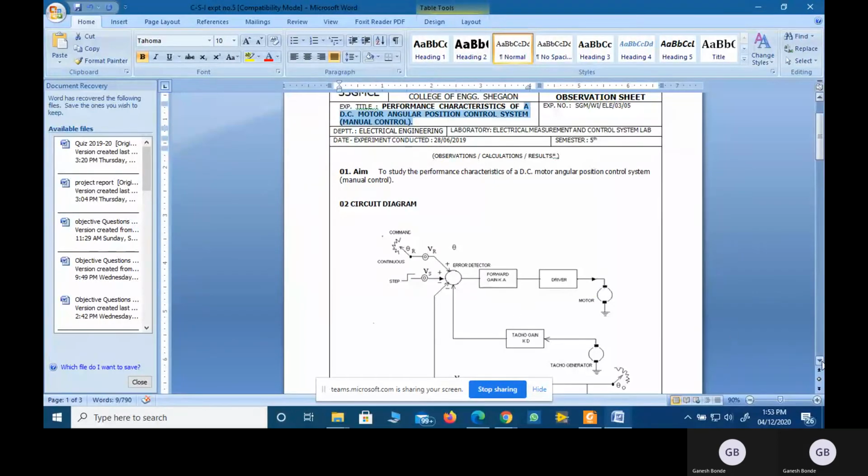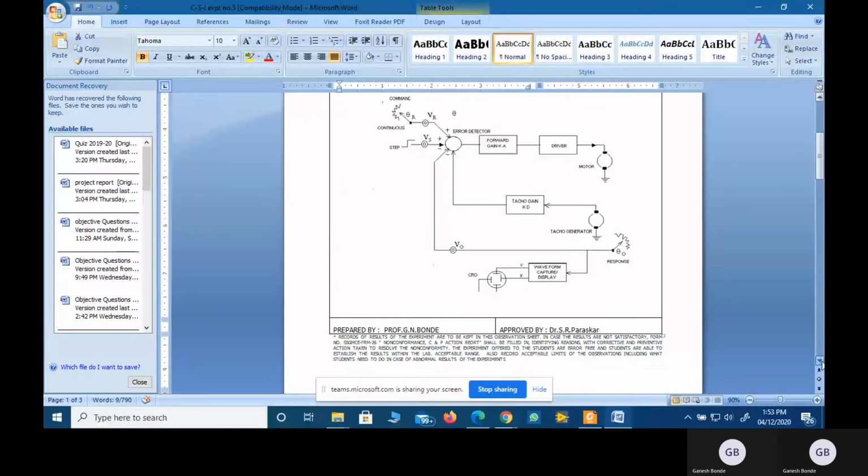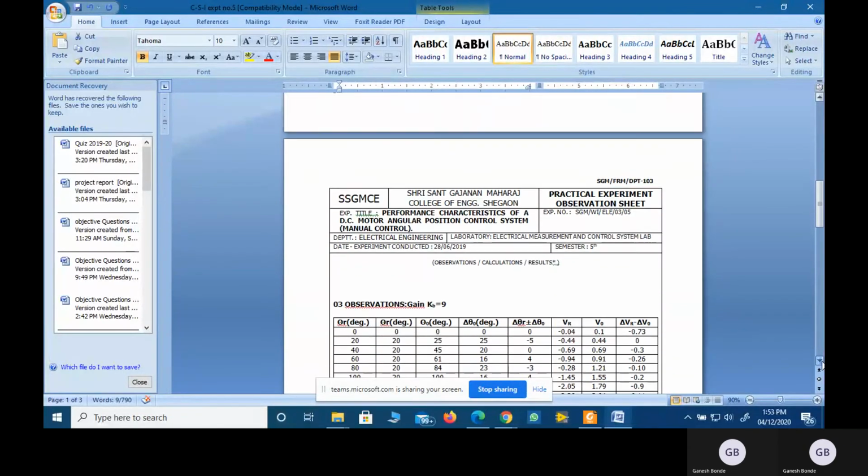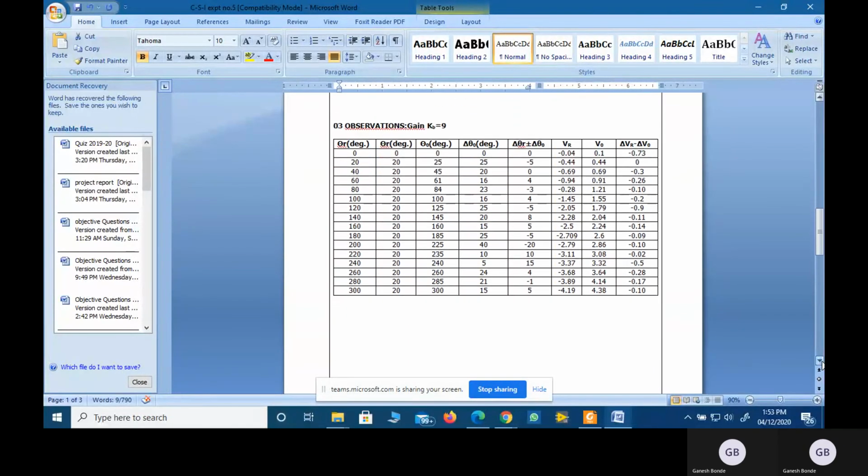So here these are the sample readings. We have adjusted the value of KB to be 9.